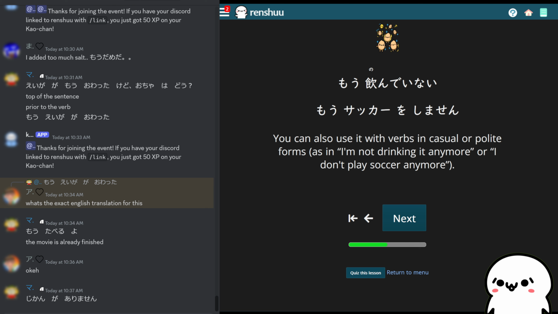Similarly, we can jump in and use it with verbs. And let's take a look at both of these. Mo nonde nai. I'm not drinking anymore. I'm not drinking it anymore. And this, oh, actually, let me read both of them. Mo sakka shimasen. I don't play soccer anymore.